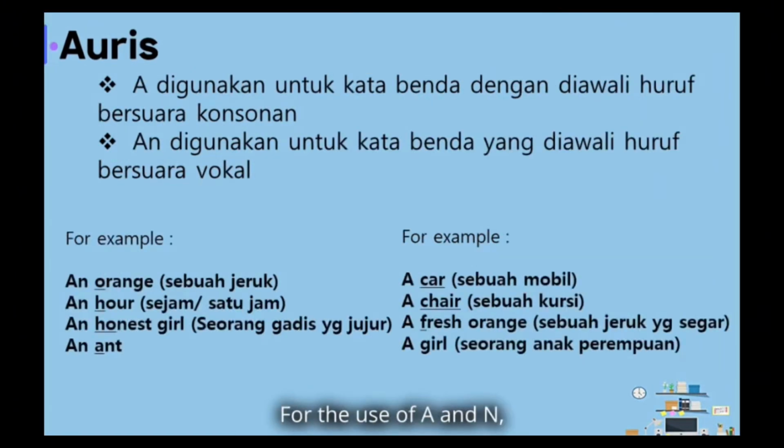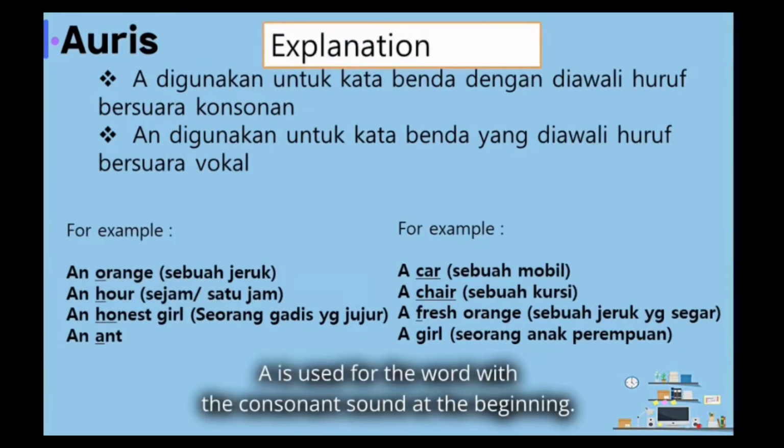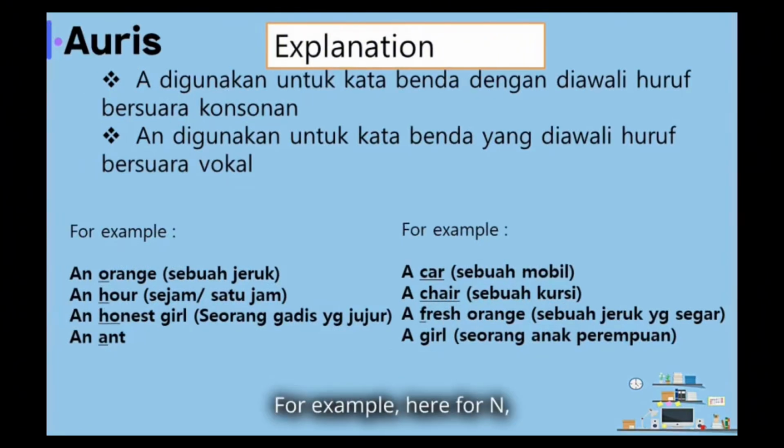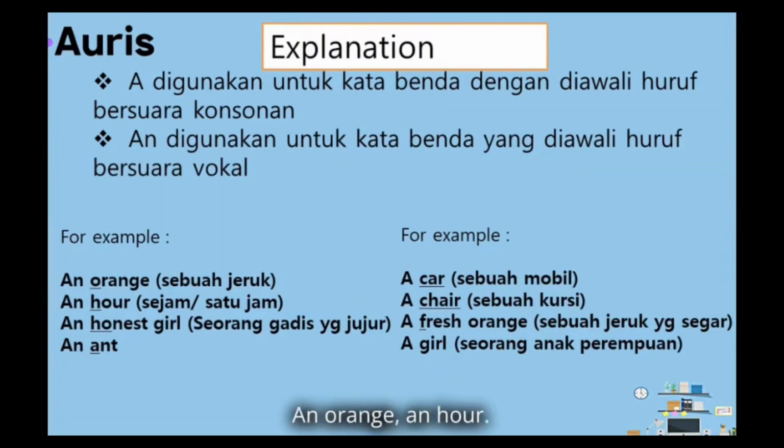For the use of a and an, a is used for a word with a consonant sound at the beginning, while an is used for a word that starts with a vowel sound. For example, an orange, an hour.